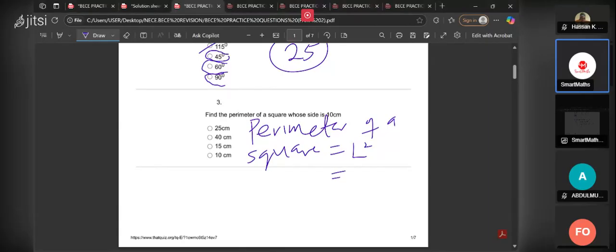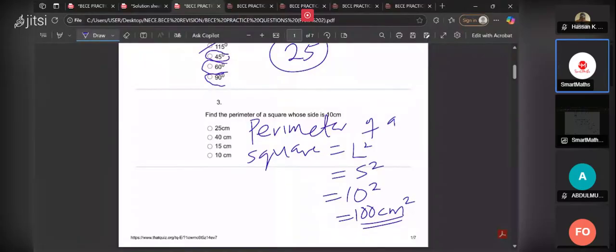Sometimes you see it as s squared. So the side is 10, that means 10 squared, which is 100 centimeters square. Anytime you are calculating area, you must put your units, and it's represented in square units.